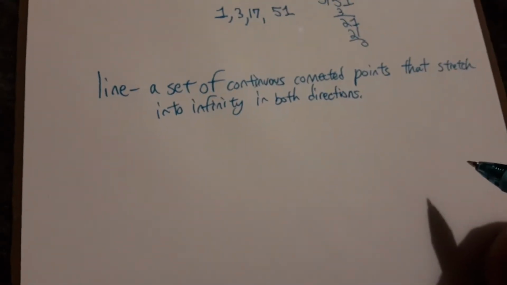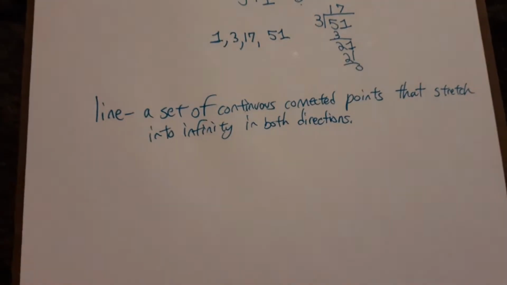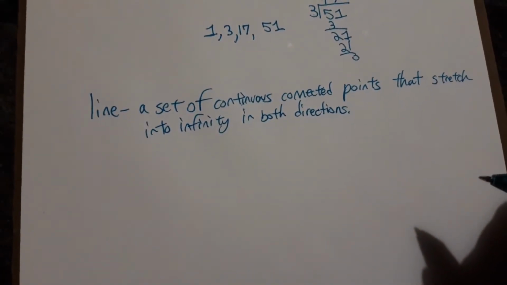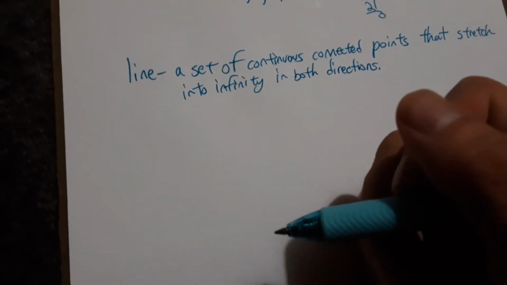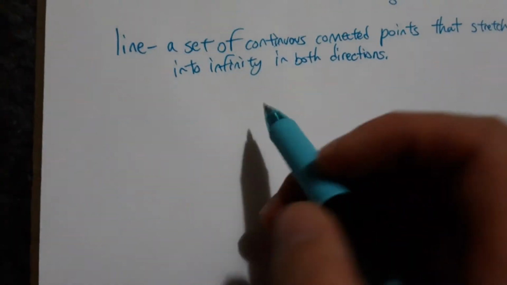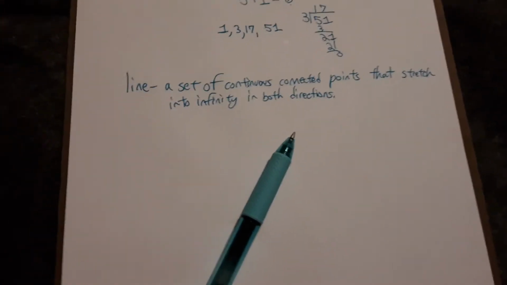A line is a set of continuous connected points that stretch into infinity in both directions. Okay, hang on, let me get this to focus. Don't worry, if you give me just 1 second, I'll move the screen where you can pause the video and take notes on all of these, because I've got 3 more definitions I want to give you.